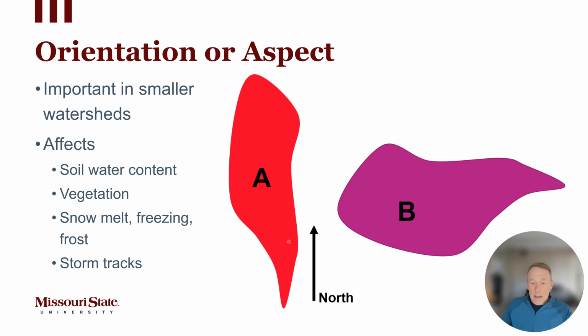Southern slopes, like in B here, are going to tend to be in the shadow most of the day because in the northern hemisphere the sun's always going to be to their south even in the summer, and the slopes on the north side of the basin, which face to the south, will get direct sunlight through almost all day. So they'll be drier.